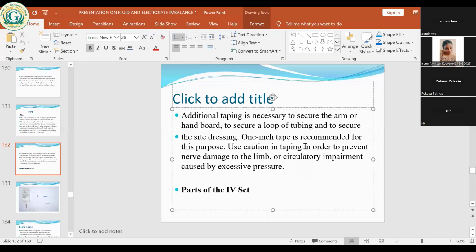Use caution in taping in order to prevent nerve damage to the limb or circulatory impairment caused by excessive pressure.